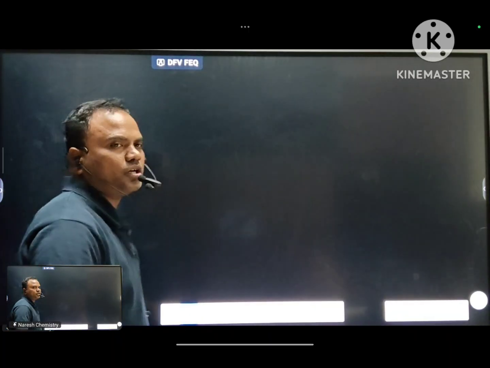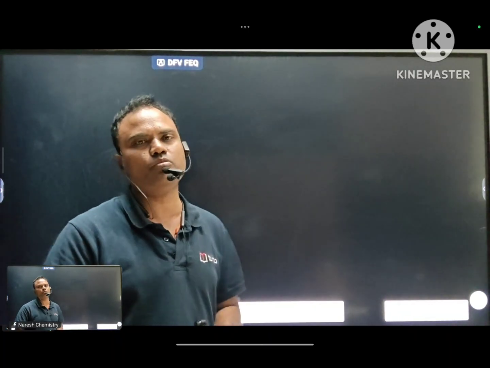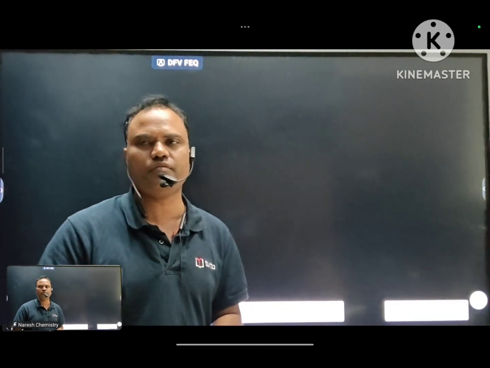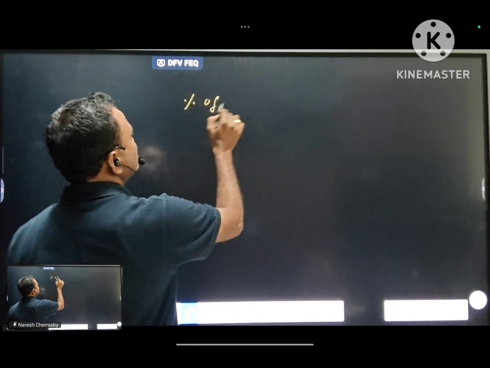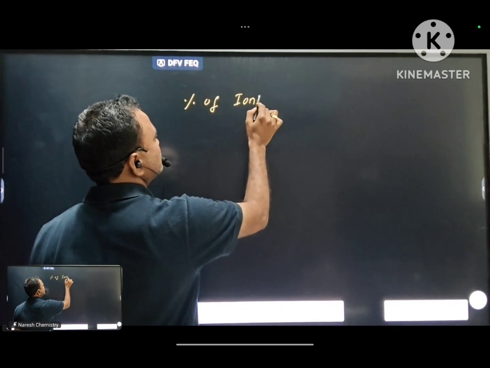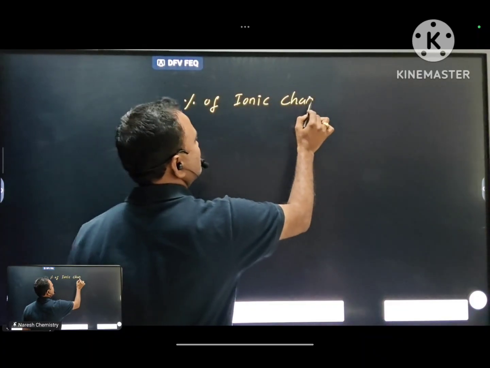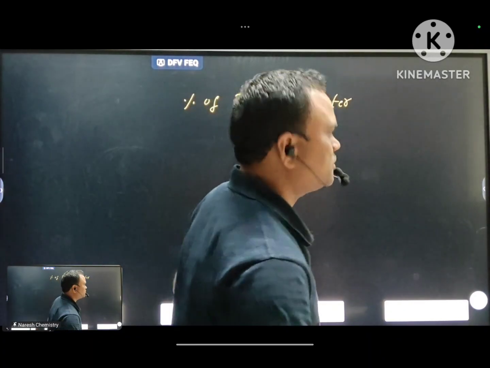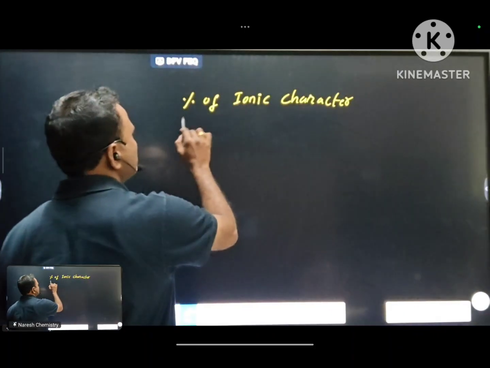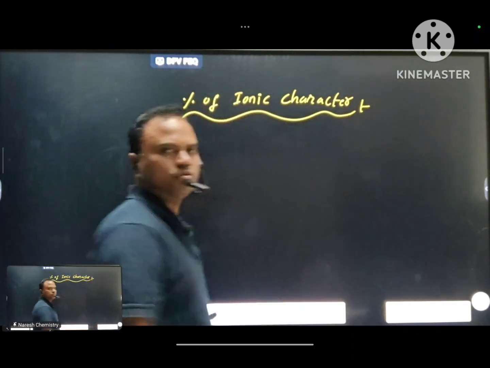Keep it in percentage of ionic character. See, by using dipole moment data, we can find the percentage of ionic character. Keep the heading: percentage of ionic character.